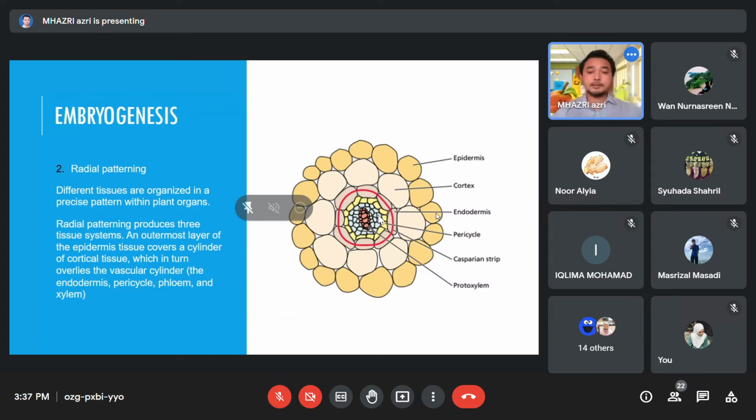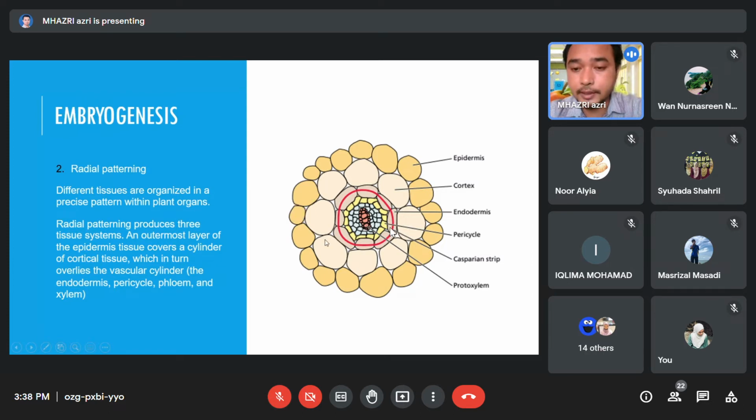Radial patterning. Different tissues are organized in precise patterns within plant organs. Radial patterning produces 3 tissue systems. The outermost layer of epidermal tissue covers a cylinder of cortical tissue, which in turn overlies the vascular cylinder. So if we make cross sections of stems, we will observe these arrangements.